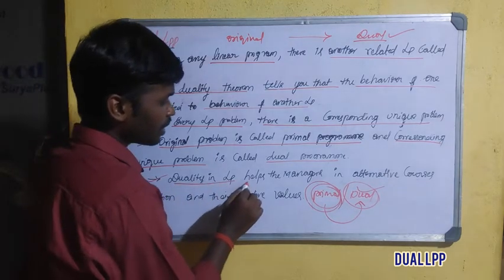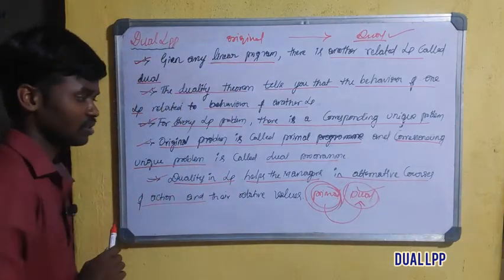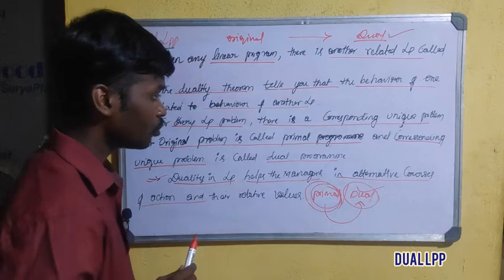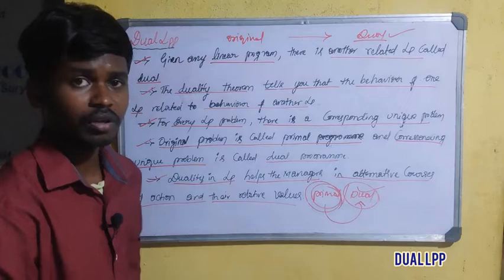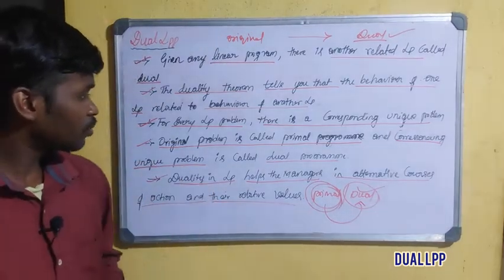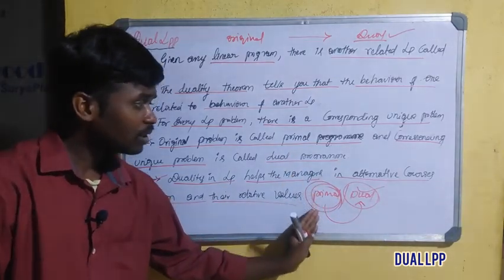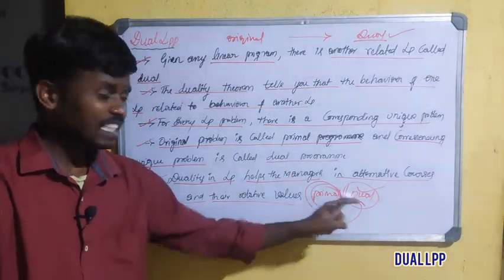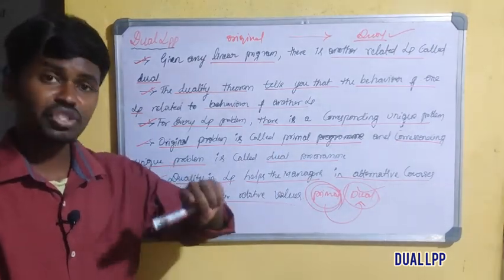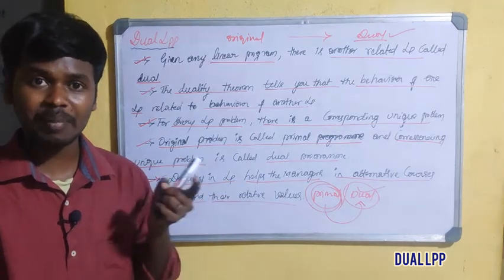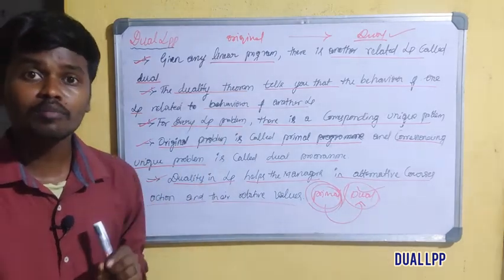Okay, next, see, duality in linear programming helps the managers in choosing alternative courses of actions. Okay, and it is also helpful to take the necessary decision regarding related values. When we have converted the primal into dual, it expresses the relationship between the objective function and constraints, which is ultimately helpful to the operational managers to think about the various factors which affect the objective functions.